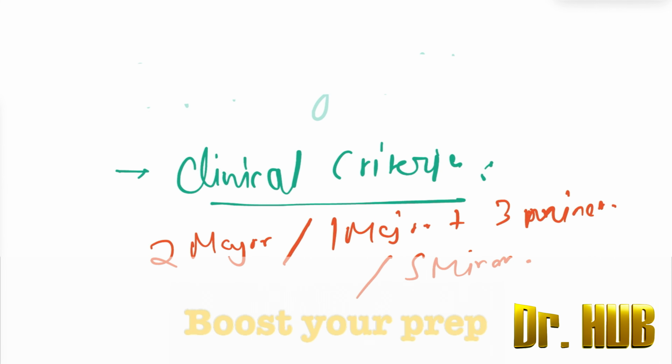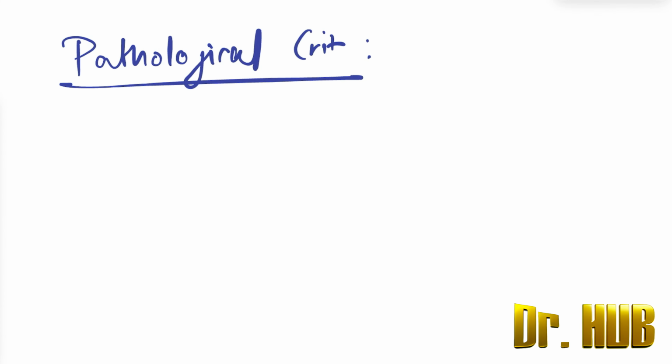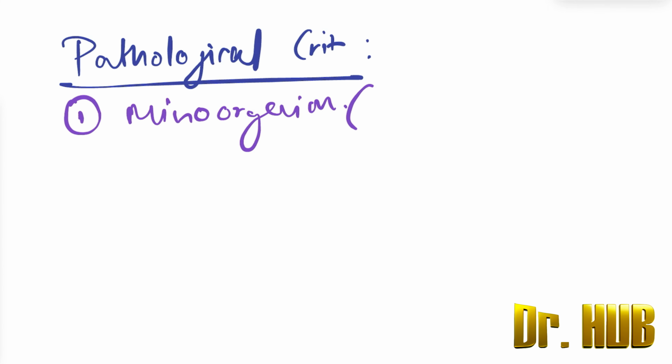So now let's go in detail. There is something known as the pathological criteria. Under this pathological criteria, first there is the presence of microorganisms, and they are identified in the context of clinical signs of active endocarditis. So what does this include?